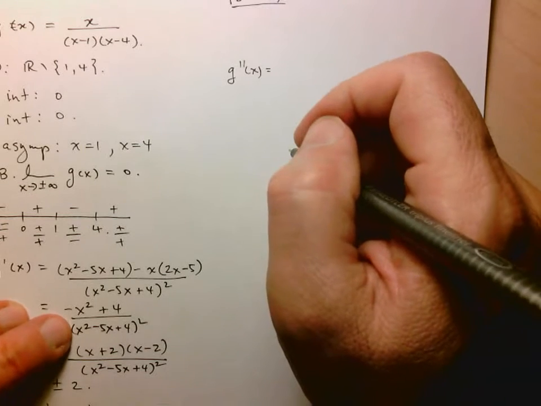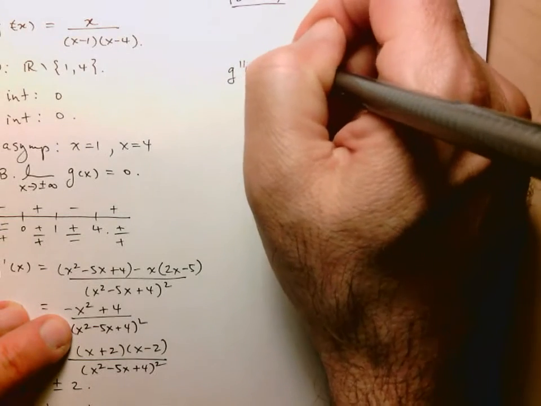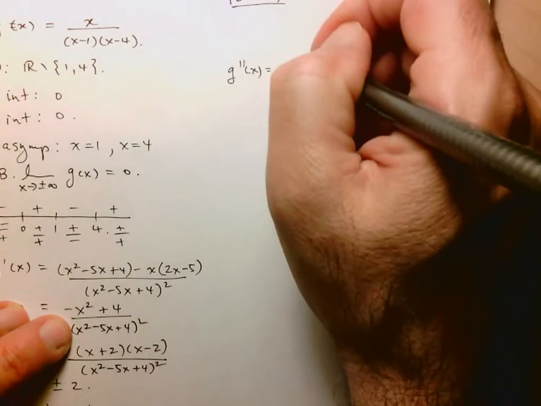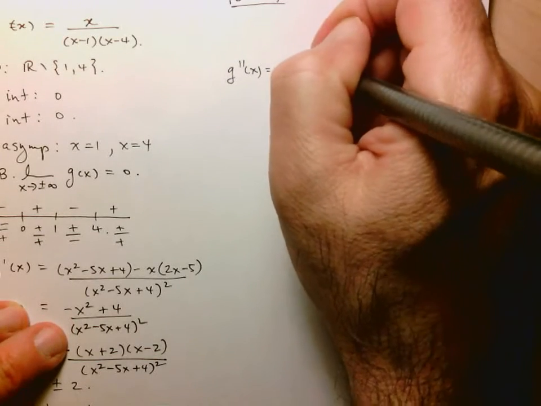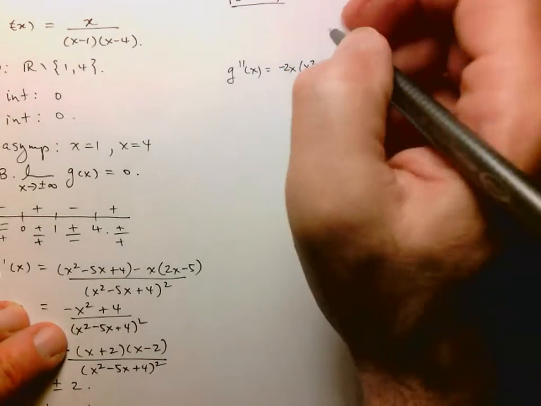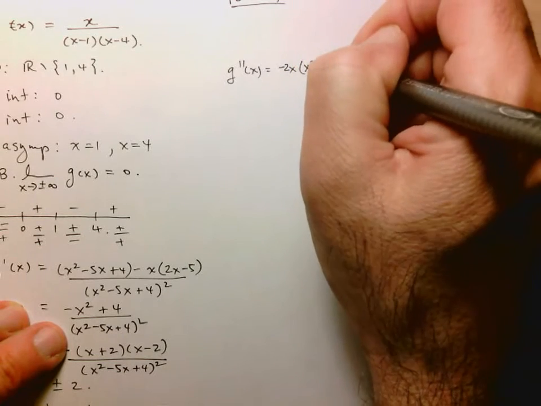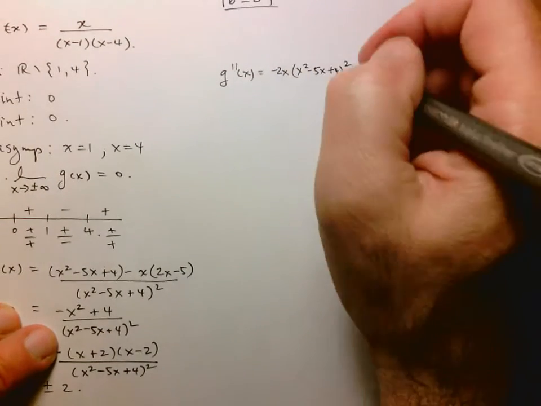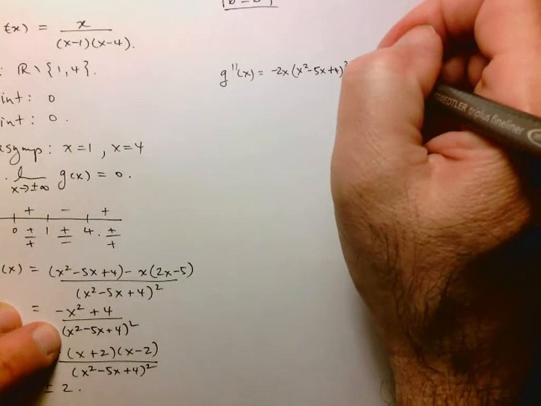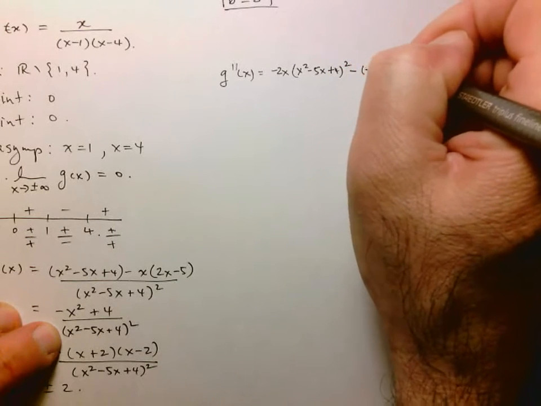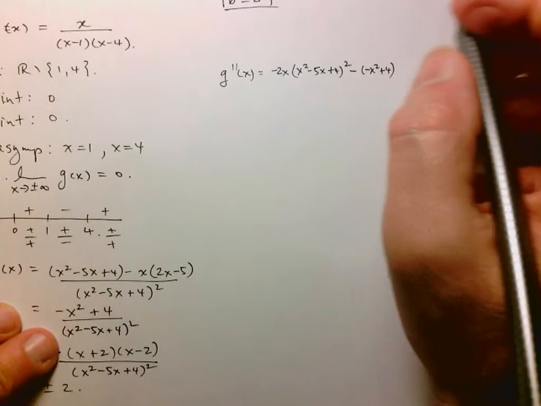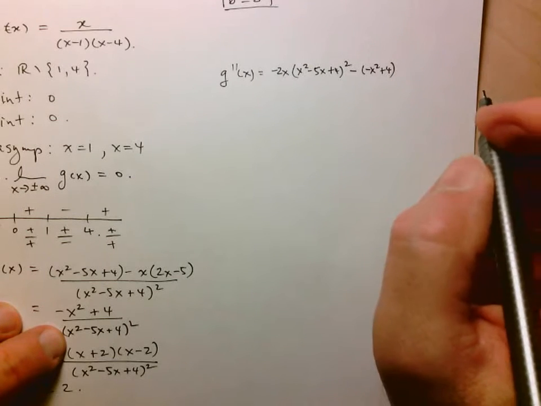So the derivative of the numerator is negative 2x times the denominator function, which is x squared minus 5x plus 4 squared, minus the numerator, negative x squared plus 4, times the derivative of the denominator. I might run out of room here.